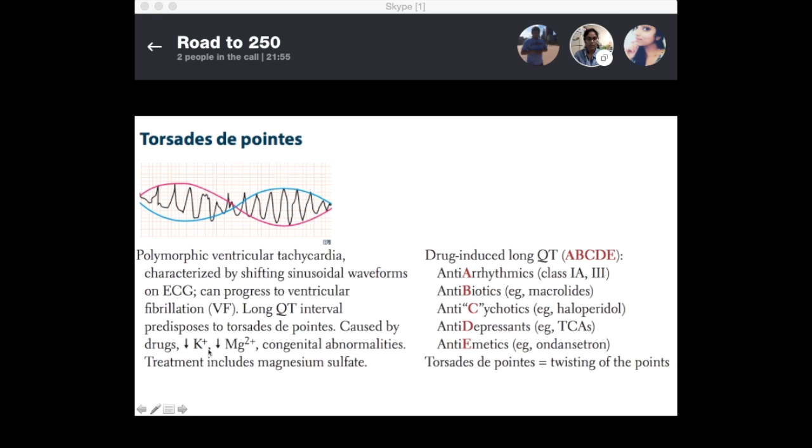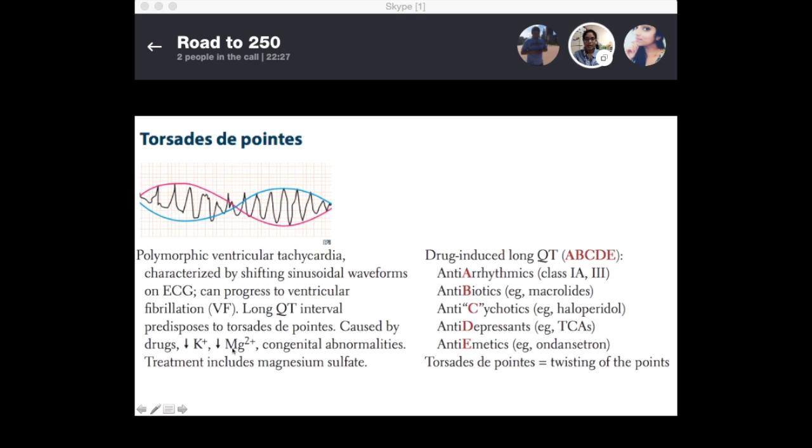As we see here, it can be caused by drugs, and we have a nice mnemonic or way to remember this. Long QT occurs with antiarrhythmics, especially class 1A and class 3, antibiotics like our macrolides, antipsychotics like haloperidol, antidepressants like the TCAs, and antiemetics like ondansetron.